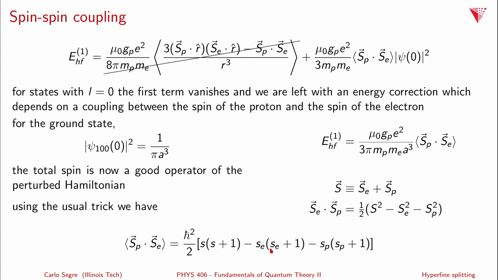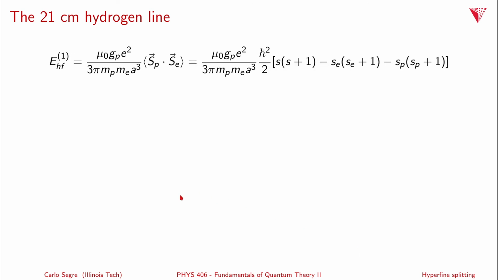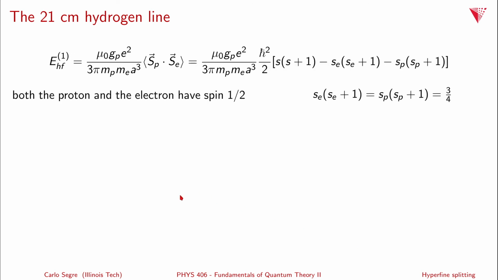Now, since the proton spin and the electron spin are both 1/2, this becomes very simple. This is 3/4 and this is 3/4. And so we get that S_E(S_E+1) and S_P(S_P+1) are each equal to 3/4.